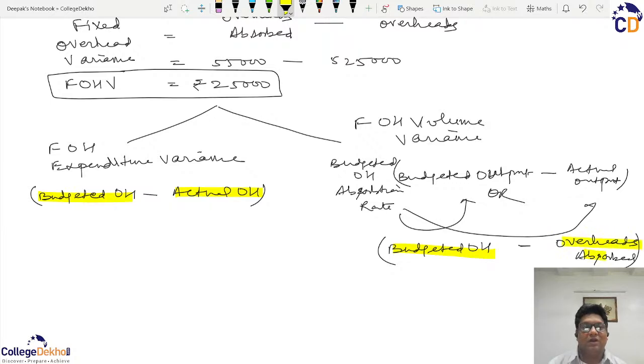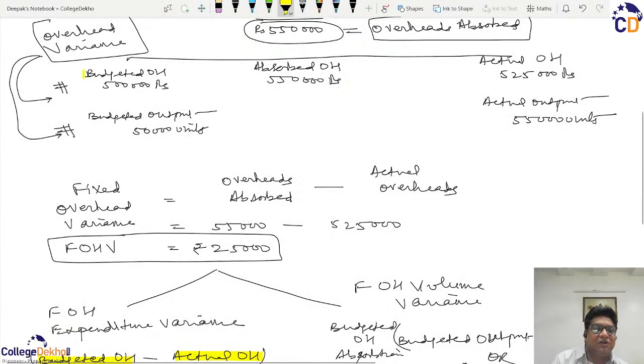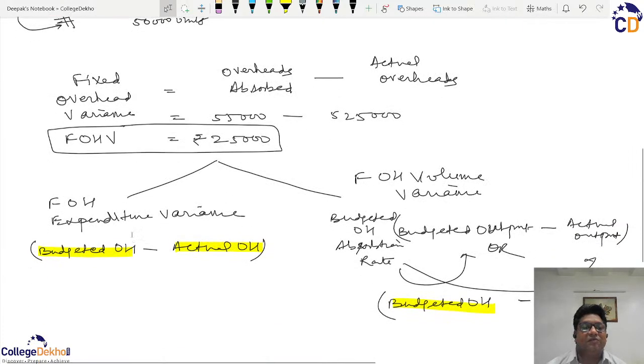When I started, I said that because there are three different overheads: budgeted overheads, absorbed overheads, and actual overheads, because of these three figures we get the concept of overhead variance. So basically, the difference between the three, analyzed in this way, is known as expenditure variance and volume variance, which constitute the total fixed overhead variance.